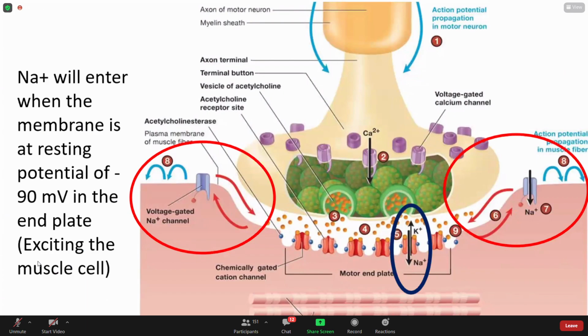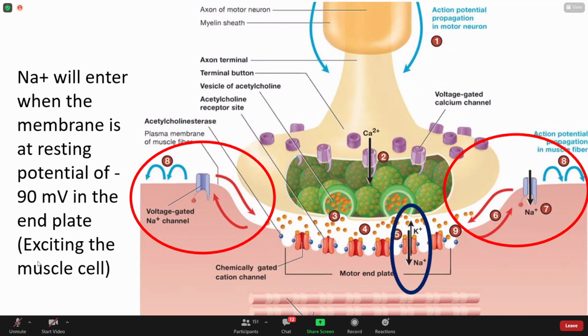Now, assuming that we have the muscle cell at rest, the resting membrane potential for a muscle cell is around what? It's similar to neurons. Around negative 80 millivolt or so, okay? And so when the neurotransmitter acetylcholine is being released from the presynaptic terminal, and acetylcholine is bound to the cholinergic receptor, which ion will be moving?